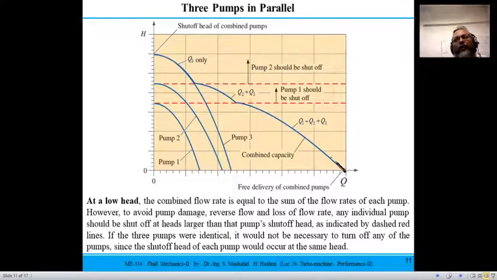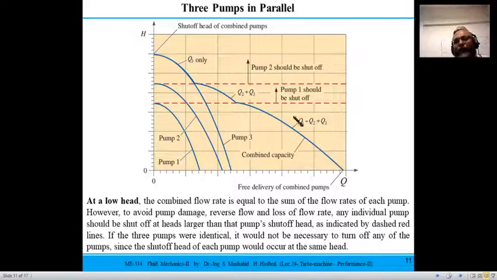Just like pumps in series, with pumps in parallel not all are supplying. If your head requirement is low, then in this parallel arrangement all 3 pumps would contribute to the volume flow rate.